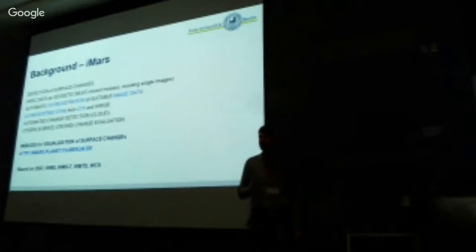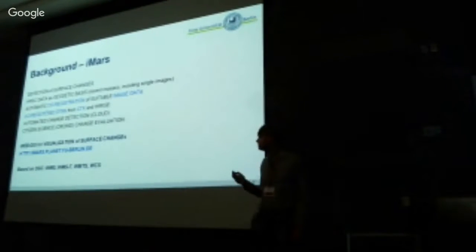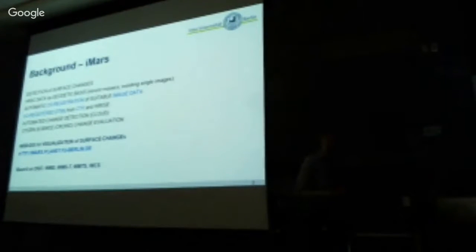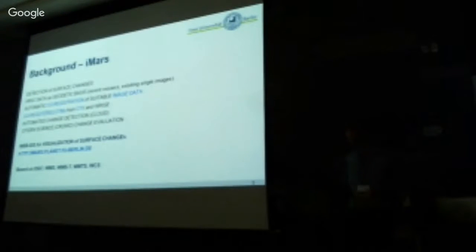HRC data is set as a geodetic basis. All the other data has to be co-registered to HRC. And so far, my colleague Sebastian was successful with co-registering MOC, THEMIS, CTX, and HiRISE data. So these data are already available within the WebGIS.